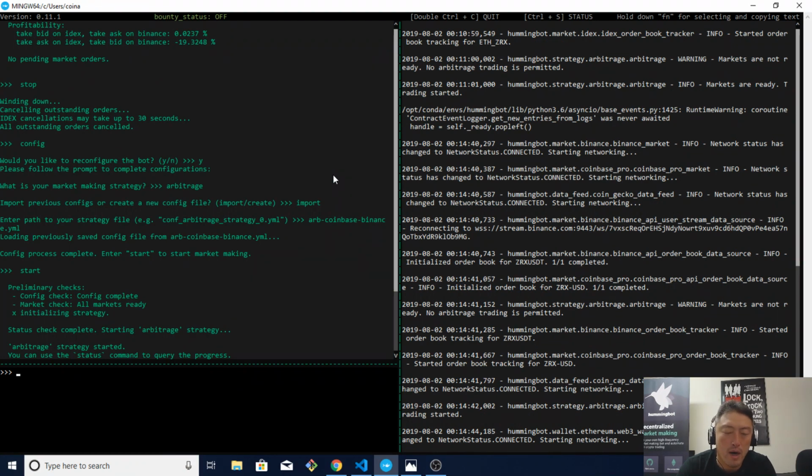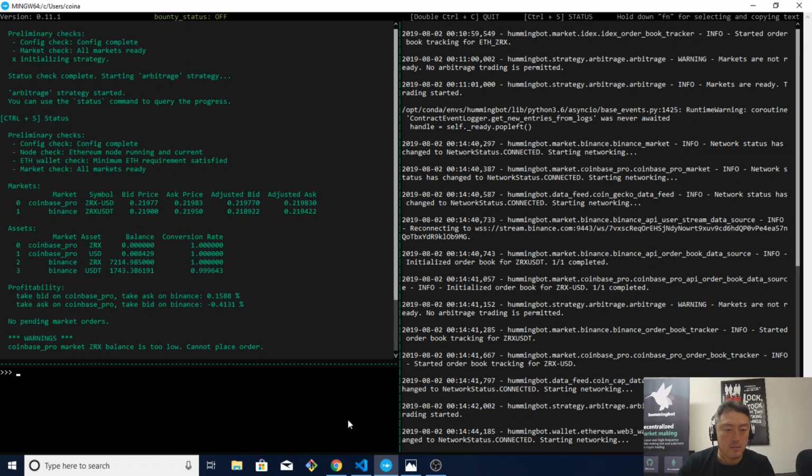Again, Hummingbot reinitializes, it fetches the order book from both exchanges, and it creates this cycle where every second it checks if there's an arbitrage opportunity or not. So on Coinbase, it looks like there's also a slight arbitrage opportunity. But I don't have any 0x or US dollar on Coinbase, so you'll see this warning here if you can't actually trade.